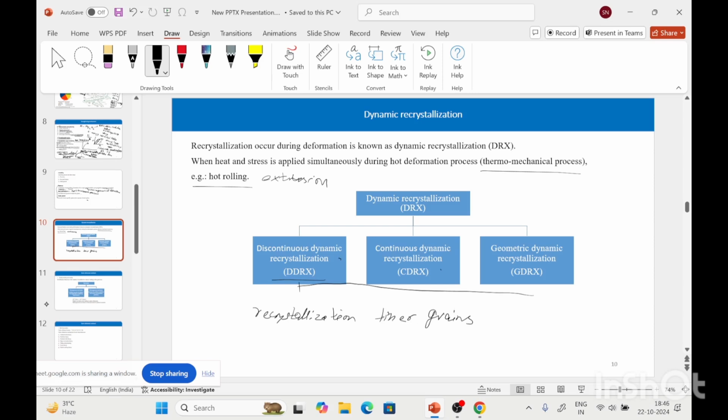So due to the fine grains, this will lead to grain size strengthening or grain boundary strengthening, which is given by the Hall-Petch relation.